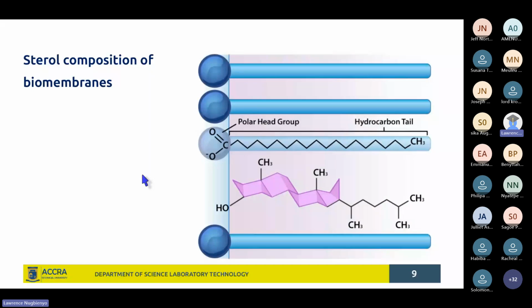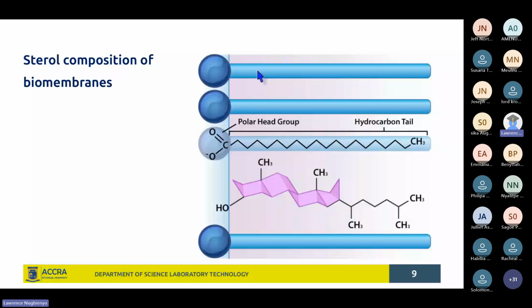So the sterol composition of biomembranes. Now, if you take a close look at the structure here, that is looking at, let's say, a monolayer of biomembrane, where you have phospholipids with the polar hydrophilic head and then the non-polar hydrophobic tails.